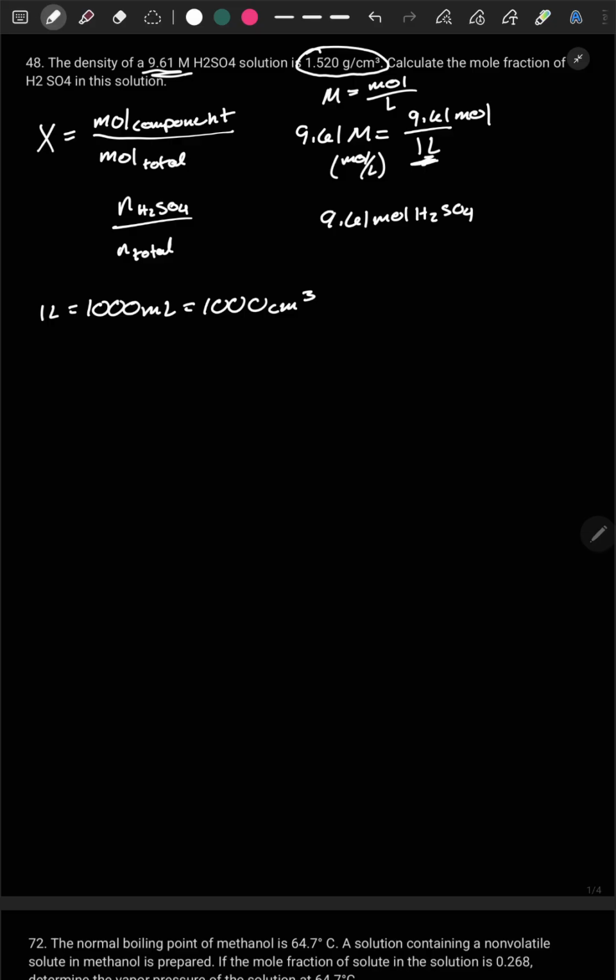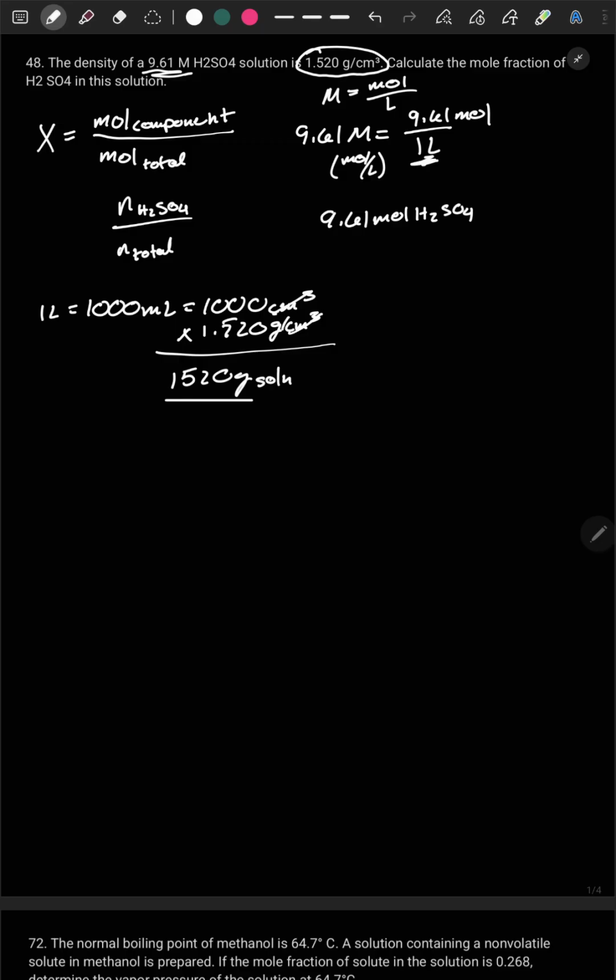So we can multiply by 1.520 grams per centimeter cubed, right? Whenever we multiply, the units cancel out, so all that we're left with is 1,520 grams of solution. So this is the entire weight of the solution.